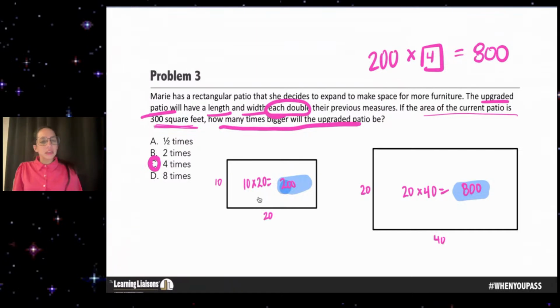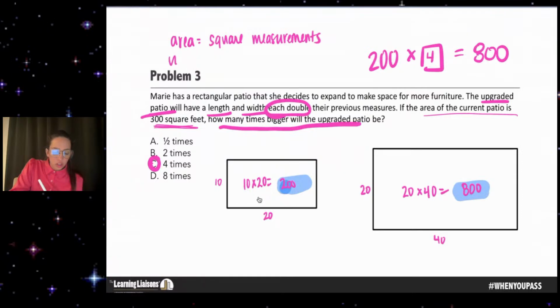And you're probably thinking to yourself, I don't understand why. Because if the length and the width are double their previous measures, why wouldn't the area just be double? Because area is square measurements and volume is cubic measurements.